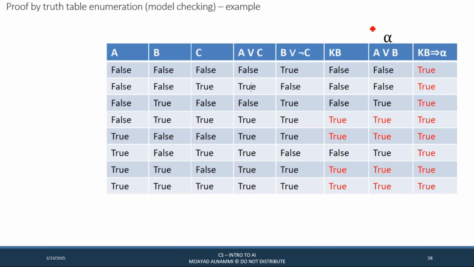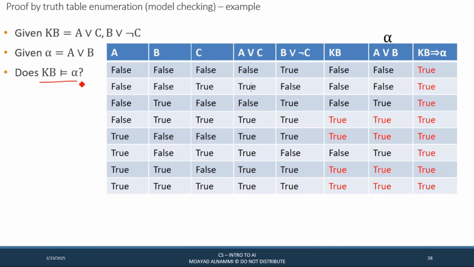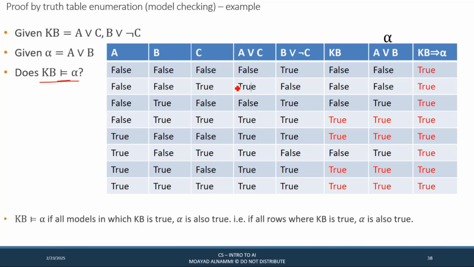When we added it as a column, I want to answer the question: does KB entail alpha? If you remember our condition, KB entails alpha if in all models in which the KB is true, alpha must also be true. In other words, in all the rows in which the KB is true, alpha is also true. The rows in which the KB is true are this row, this row, this row, and this row.